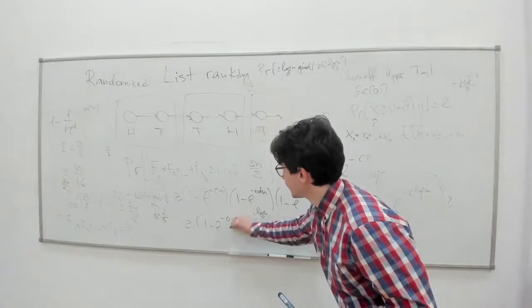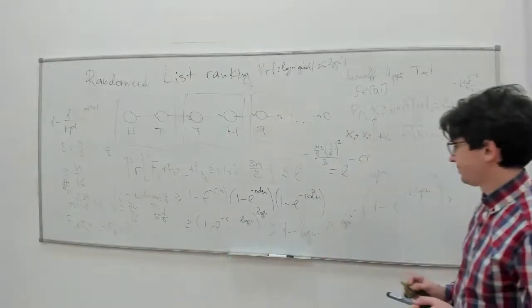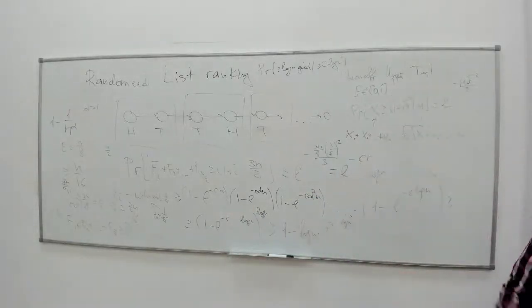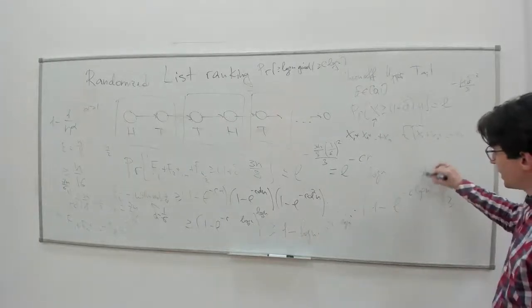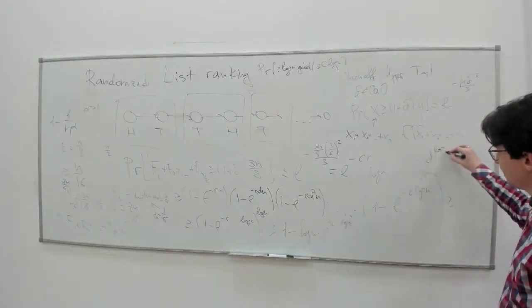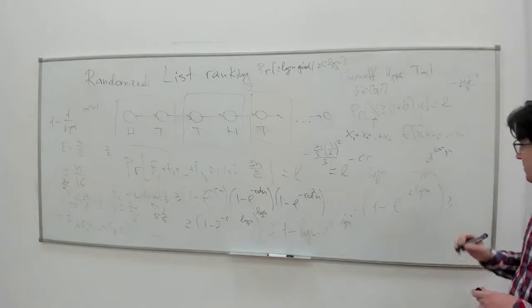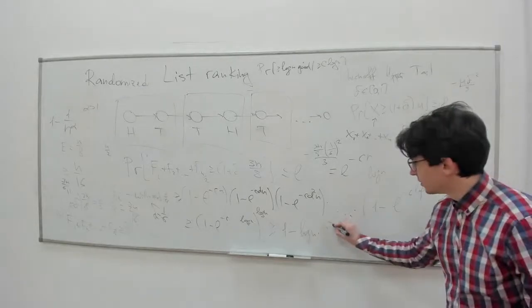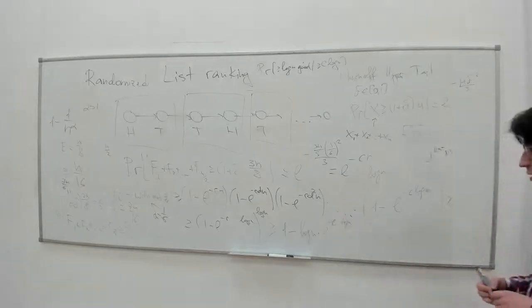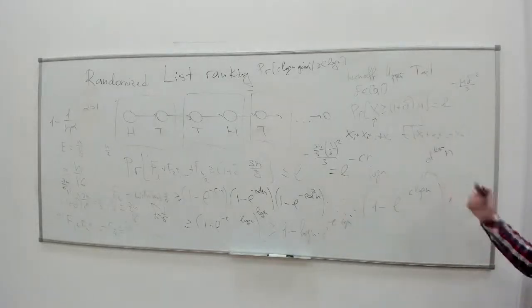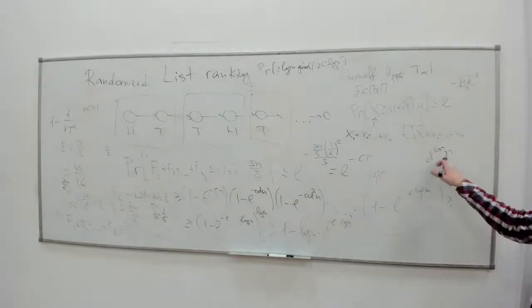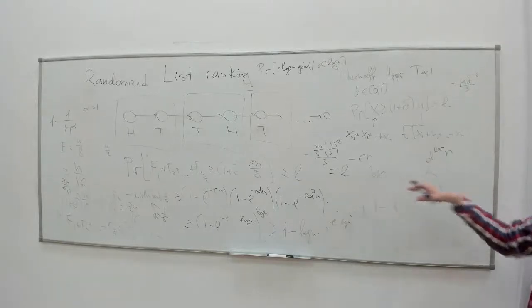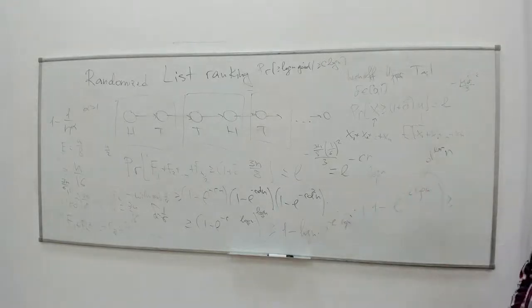Sorry, it was already d in the power logarithm n, so that's why I was confused here. So it is c times logarithm n, and this d just calculates that the total number of these brackets is logarithm n.